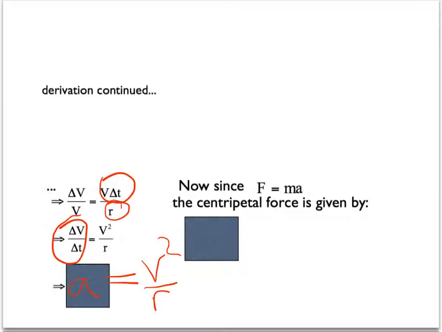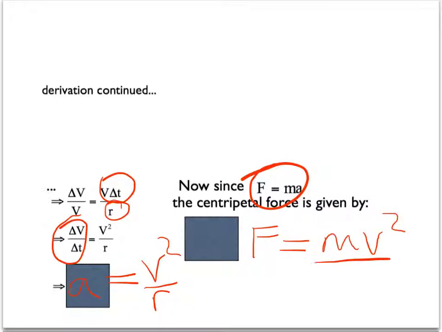And if we now simply multiply both sides by mass, using the idea that the force is equal to ma, then we can easily derive the centripetal force formula as mv squared over the radius r.